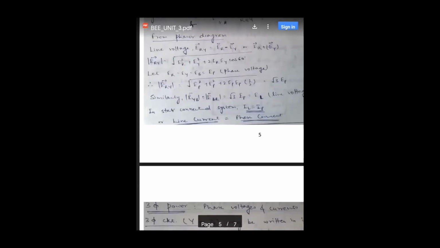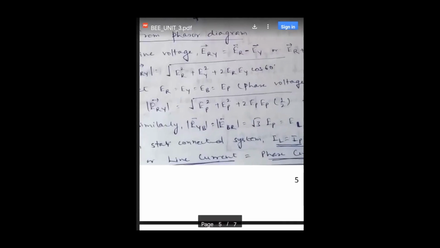The same is applied here: ER square plus EY square plus 2 ER and so on. To be more precise, when calculating this you are required to put the mod here, and then square it to be mathematically correct.